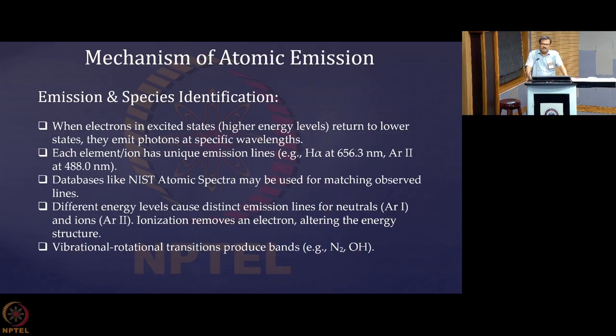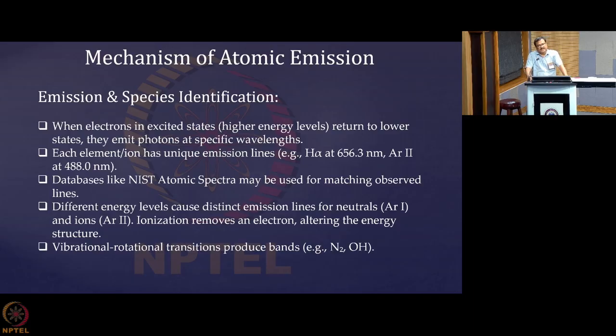When you remove an electron, the energy level structure is reorganized, and that makes the emission lines of the ion and the atom different.